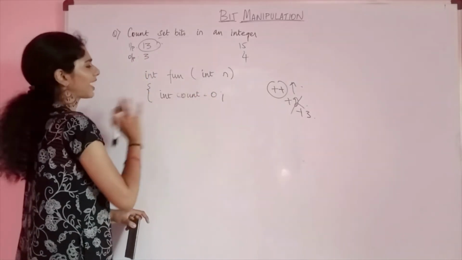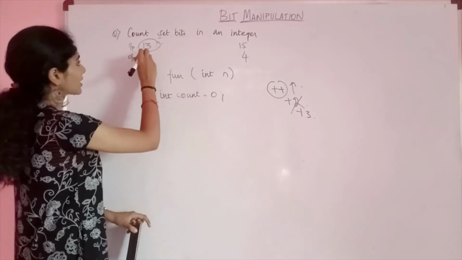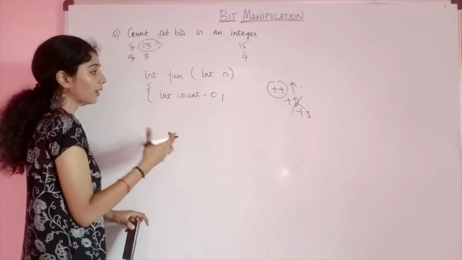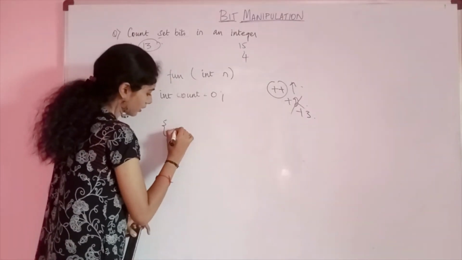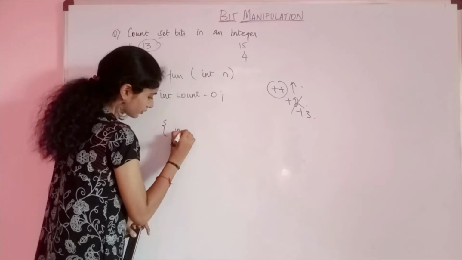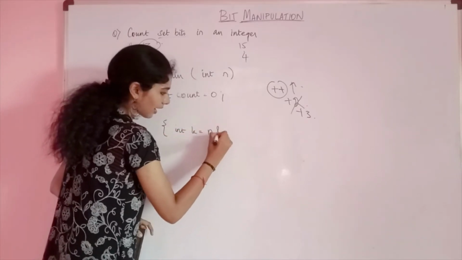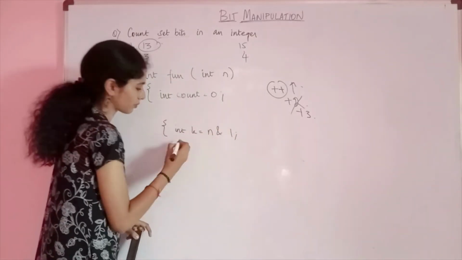Initially the count is 0, and I don't know how many bits there are. Then, given n, I'll have to acquire the rightmost bit. So k is equal to n AND 1. It will give me the rightmost bit.